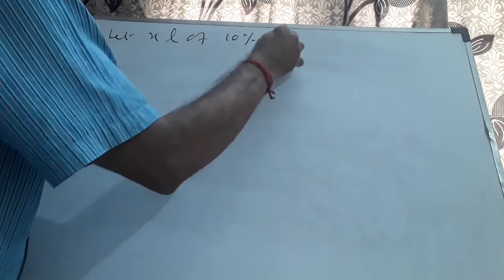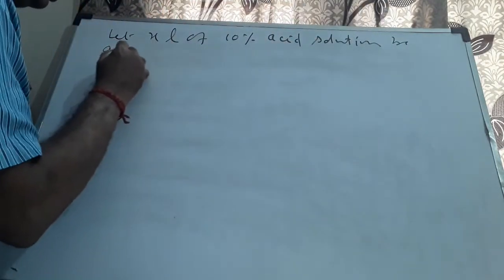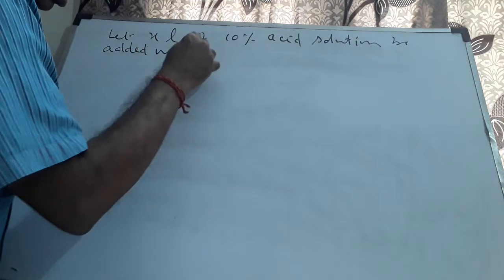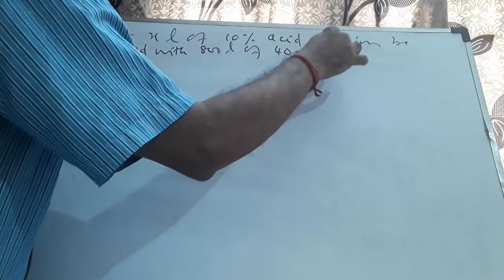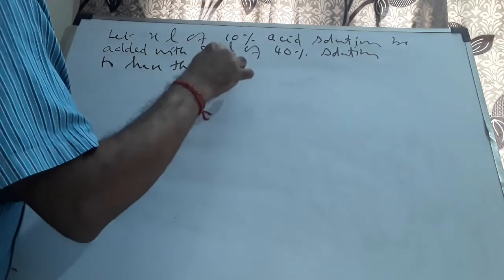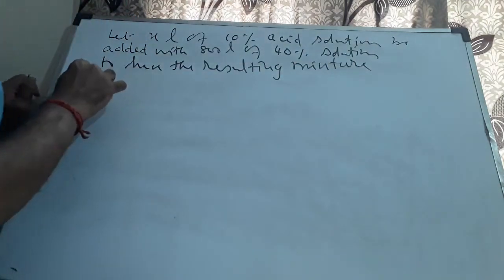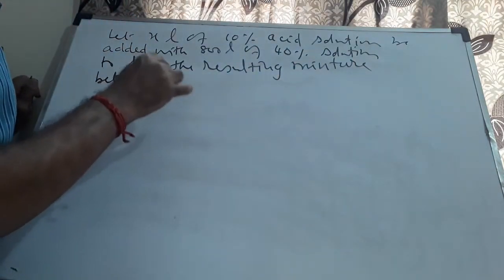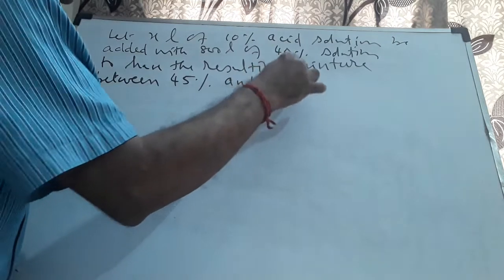Okay, let x liters of 10% acid solution be added with 800 liters of 40% solution to have the resulting mixture between 45% and 50%.